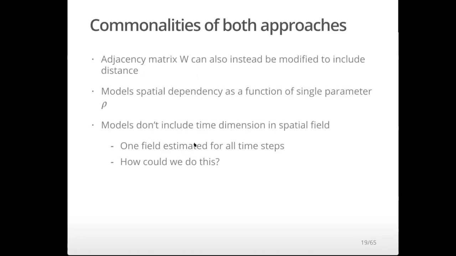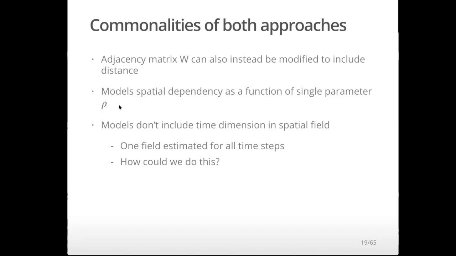The common threads of the SAR and the CAR model are that the matrix W can be modified to include, as I said, other values than just 0 or 1. We can include other things than distance, and one of the simple things is that we can include that spatial dependency, or essentially the weight of that W matrix, by estimating the single rho parameter.